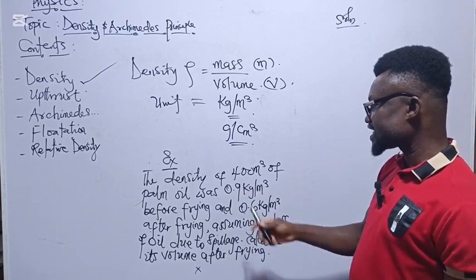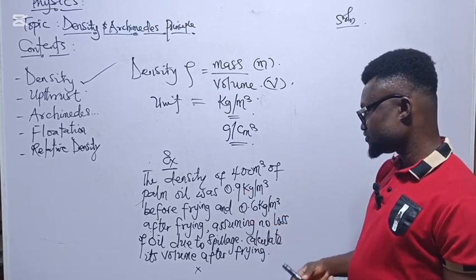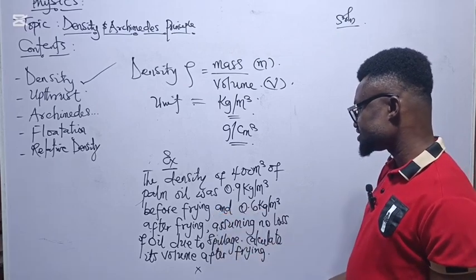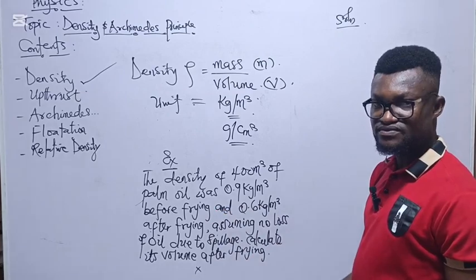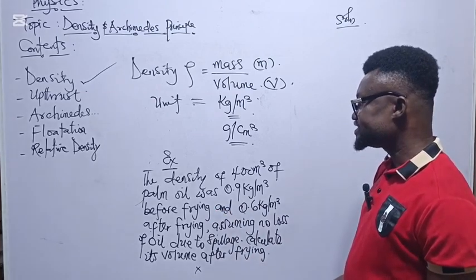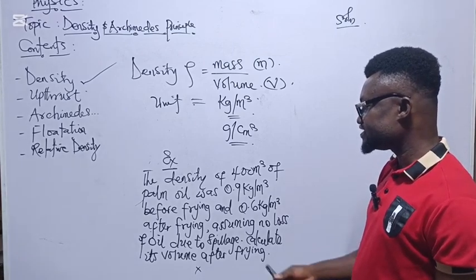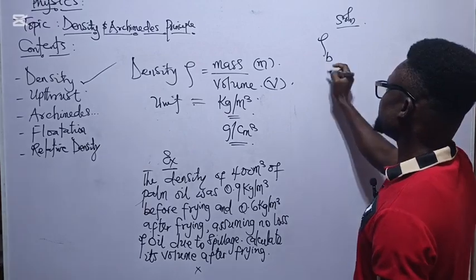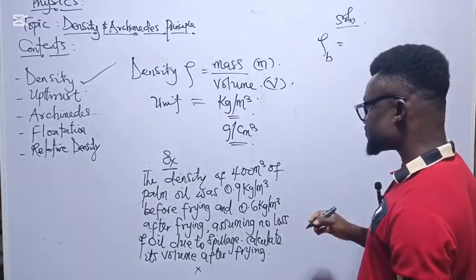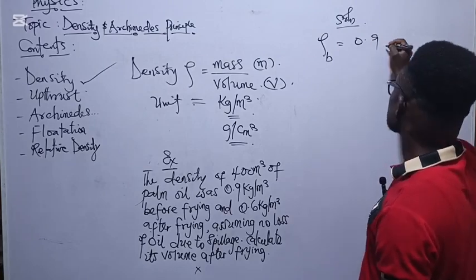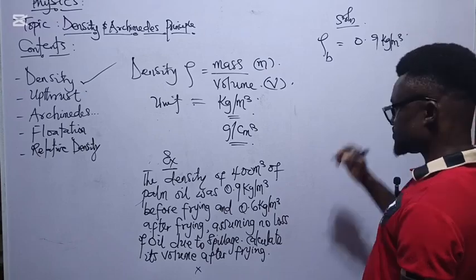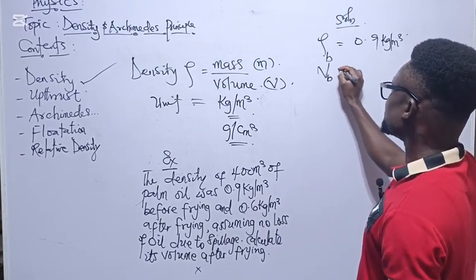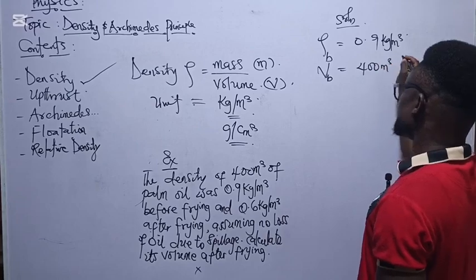The volume of palm oil is 400 meter cube, and the density before frying is 0.9 kilogram per meter cube. So we have the density before frying as 0.9 kilogram per meter cube, and the volume before frying as 400 meter cube.